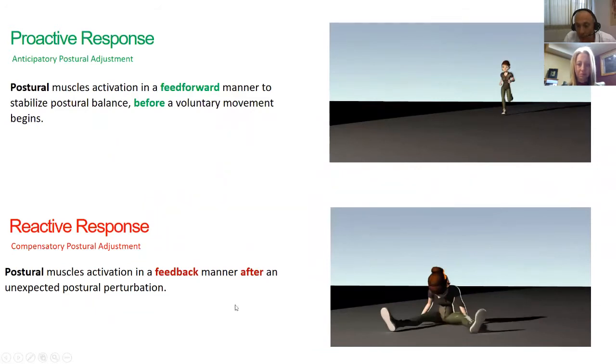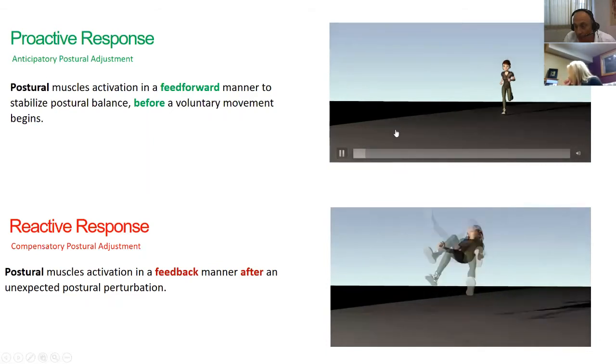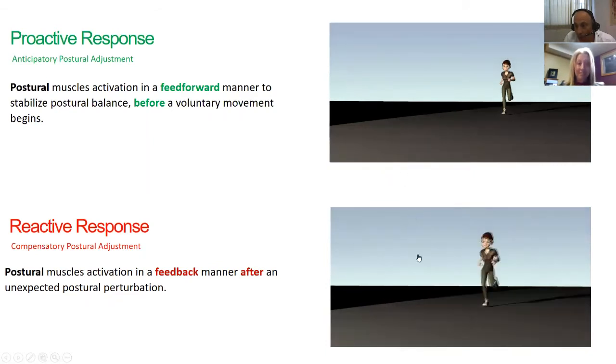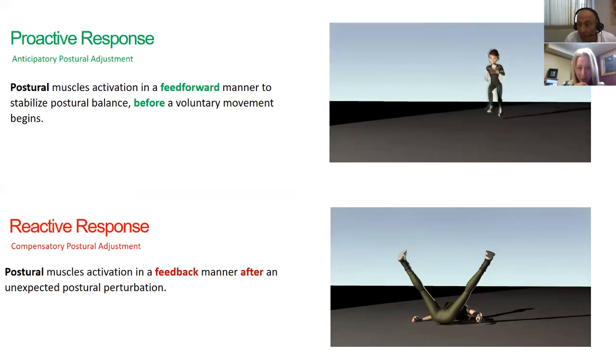What we're showing here, again, is in the first pane, the top pane, where, let's just stop this here, we have everyday activity. The sensory information is fed forward to allow us to change or adapt our gait as we're doing a set of voluntary movements.